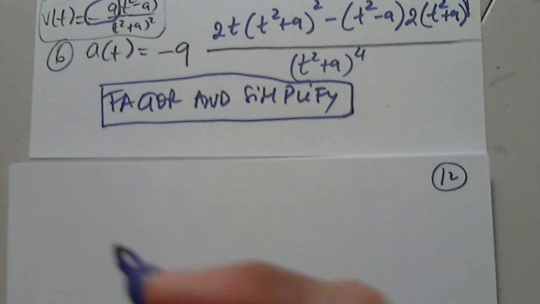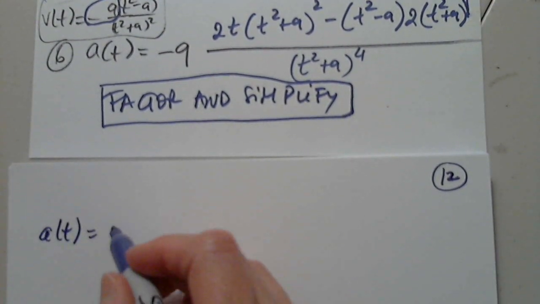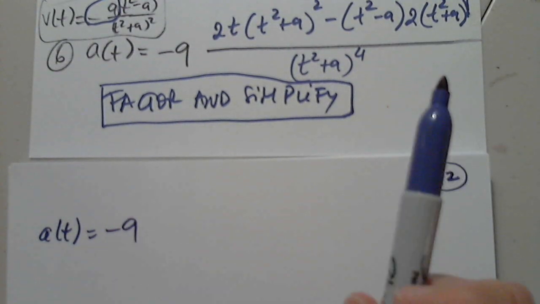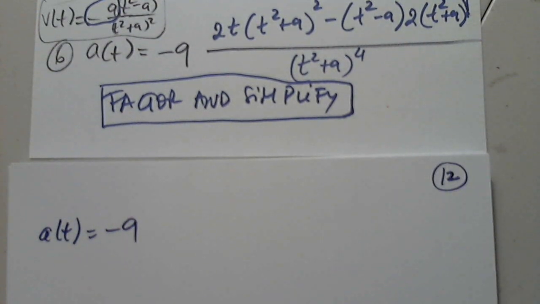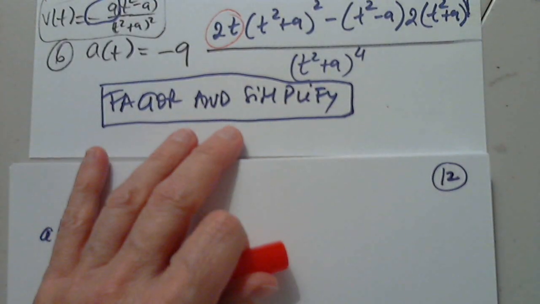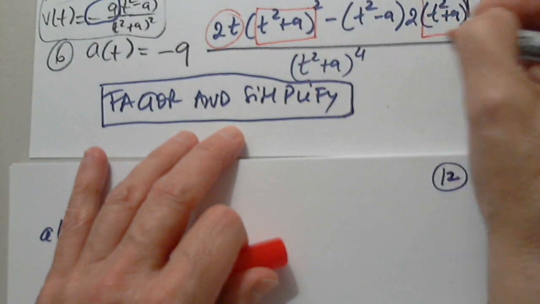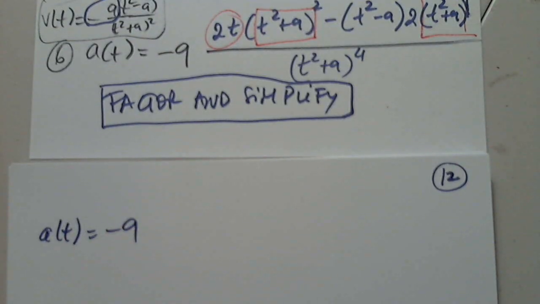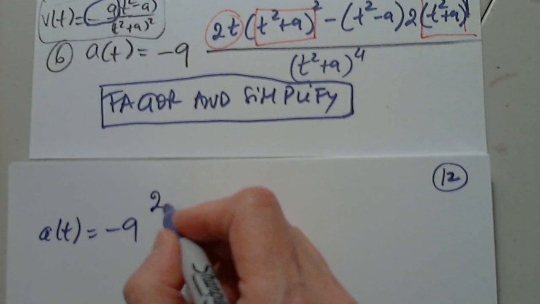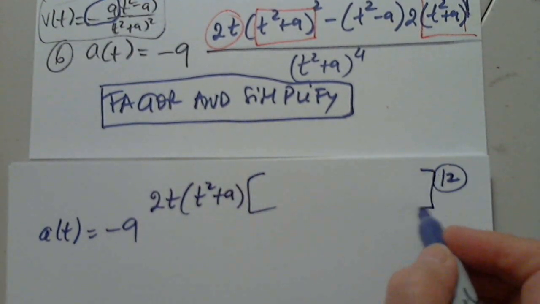Okay, so a of t, negative 9 stays outside, still patiently waiting. I'm going to factor out the 2t from both factors, and I'm going to factor one of these from both terms, I meant to say. So 2t is out, and t squared plus 9 is out.